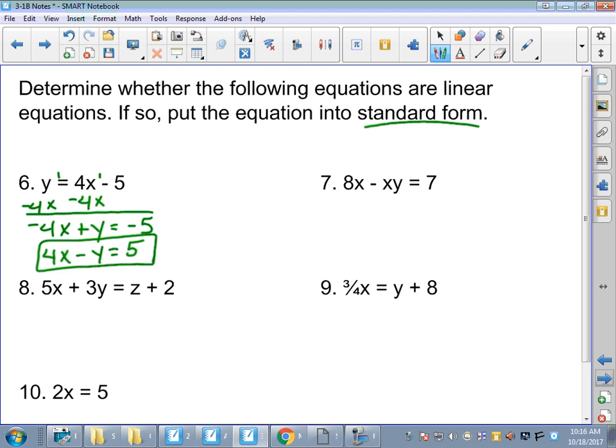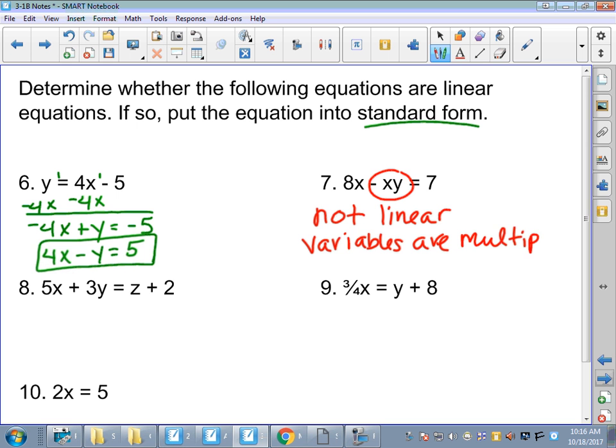Number 7 is not linear because x and y are being multiplied together. Not linear. And so I can just say variables are multiplied together. So whenever it's not, they're going to ask you to say why. Whenever it is, they're most likely going to ask you to put it in standard form.